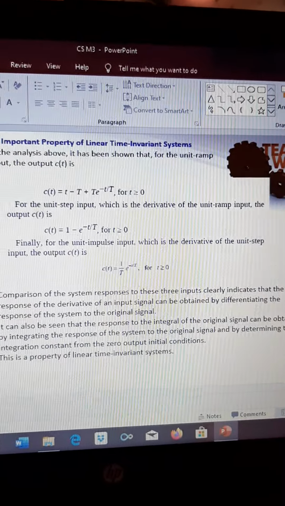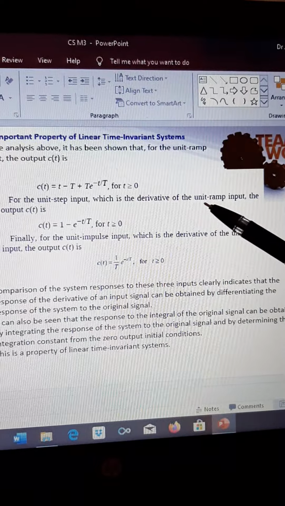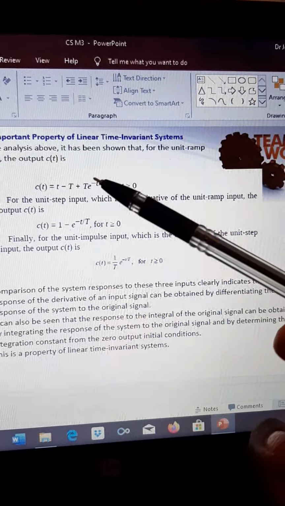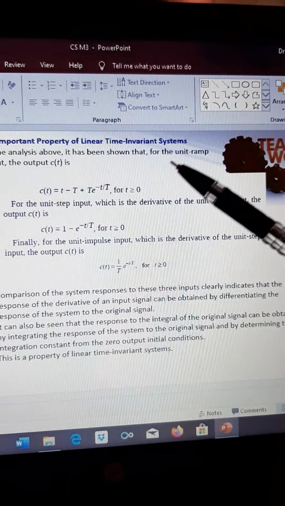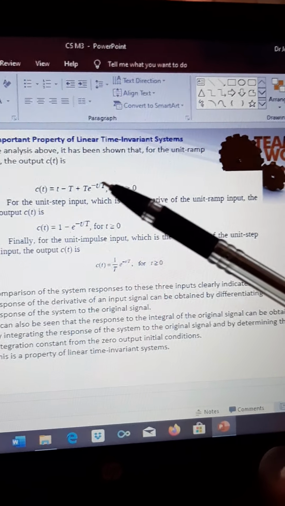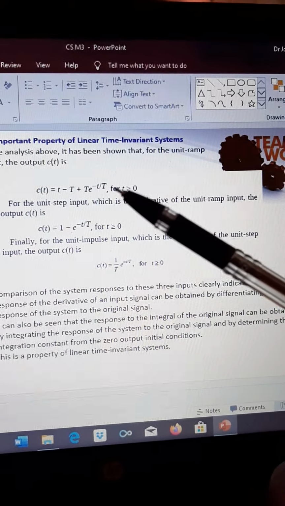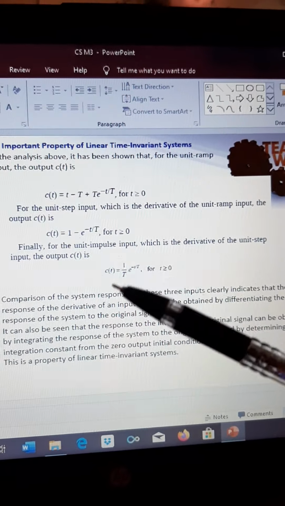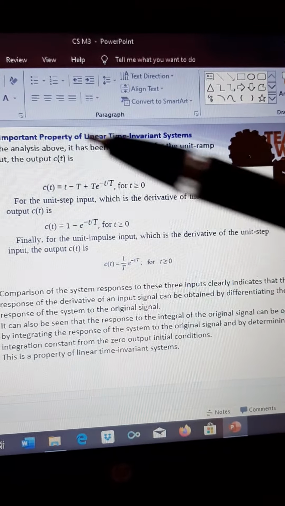So when you differentiate the unit ramp, you get the unit step signal. If you differentiate the response of the unit ramp, you will get the response of the unit step input, as explained here. And if you go the other way, it is integration.